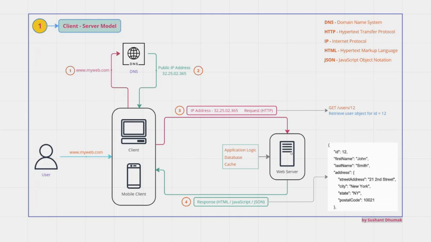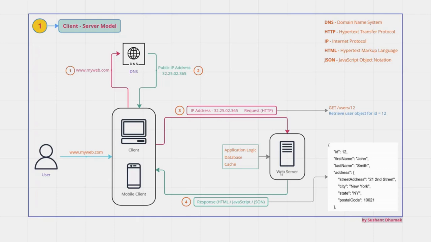You will send a request to this particular IP address, maybe an example request like get user with ID 12, and that server will send the response back to the client in either HTML, JavaScript, or JSON format.